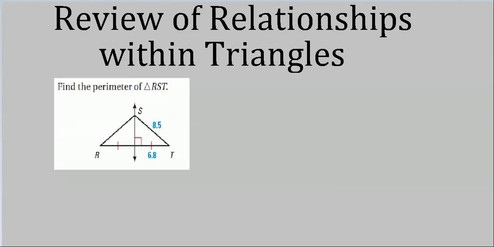This one's pretty easy. We just have to think back to some of the stuff we learned in previous chapters, like congruence. We have that this side is congruent to this side. They tell us that. And this side, of course, is congruent to itself.